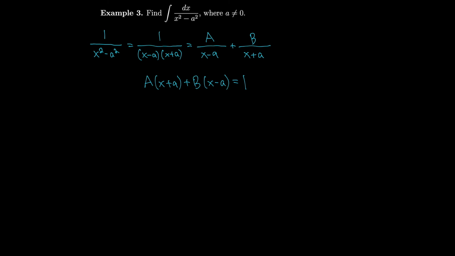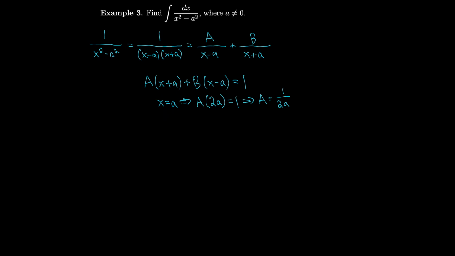Notice that if I plug in x equals a, then that eliminates this term entirely because a minus a is 0. So all I'm left with is a times a plus a, which is a times 2a, equals 1. So that means that a must equal 1 over 2a, because a must have the same value no matter what x I plug in.